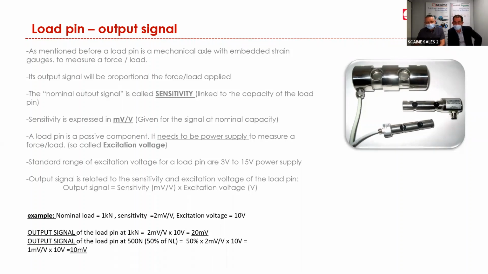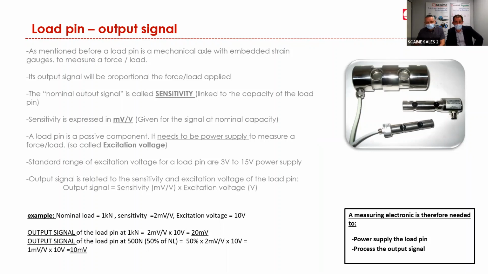So it means a result of 10 millivolt. So we see that the output signal is directly proportional to the load that you apply to the sensor. At full capacity, 1 kilonewton, you get a 20 millivolt output signal. At half of the capacity, you get a 10 millivolt signal.